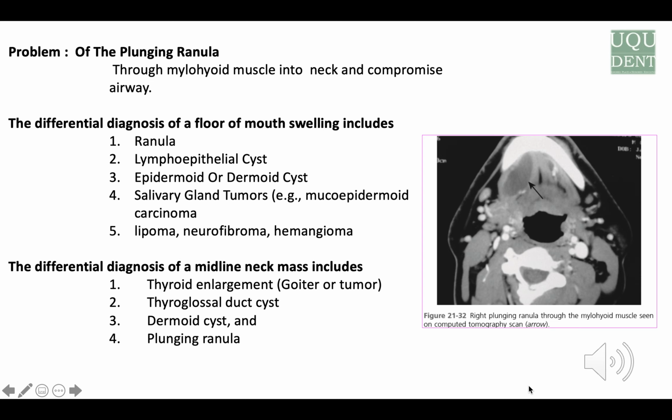The problem of the plunging ranula, as I said, is that when it goes beyond the mylohyoid muscle into the neck, it compromises the airway. Ranula in Latin means little frog, so its shape is like a frog.